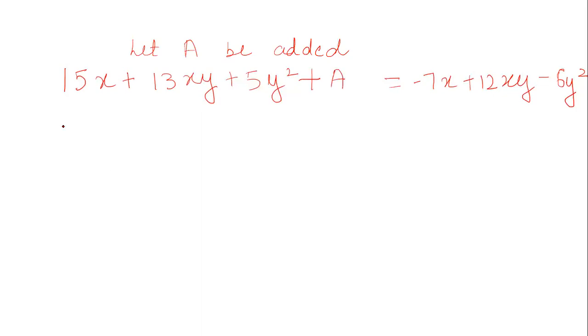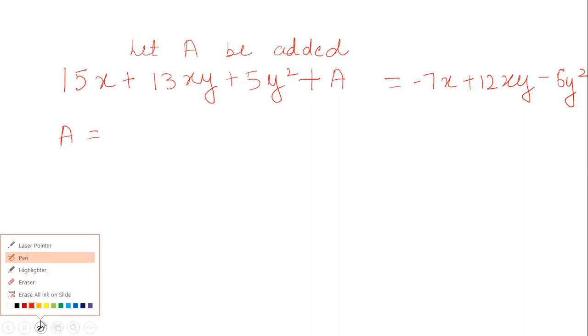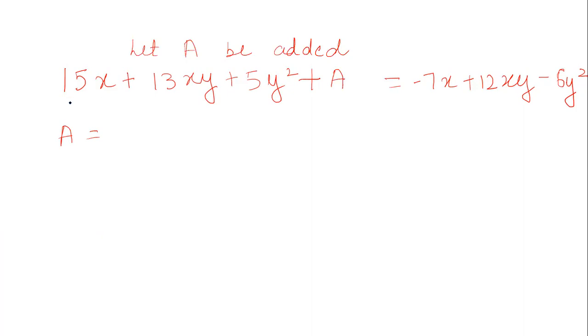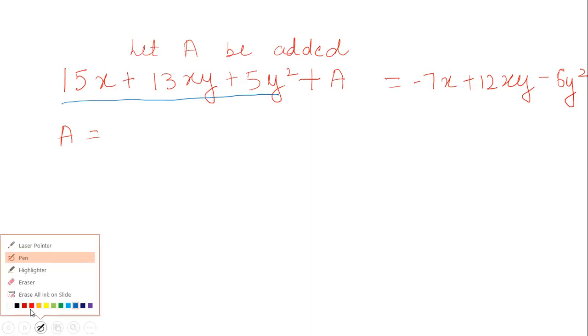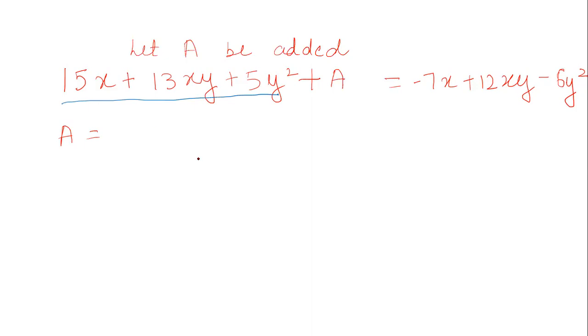So what will be your a? ये पूरा एक्सप्रेशन, this whole expression will be shifted to that side and it will be subtracted. यहाँ पे जो भी प्लस में था वो सब वहां जाके माइनस में हो जाएगा.